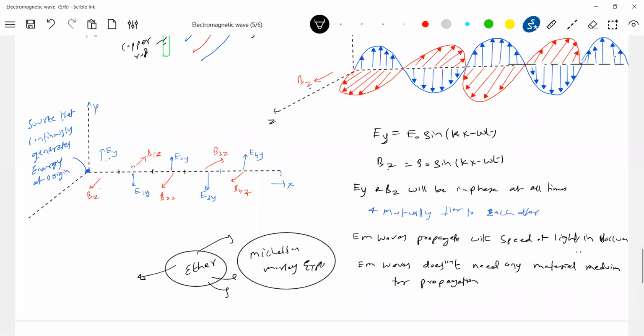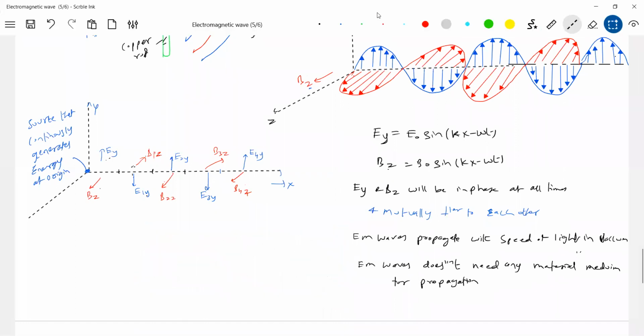Even in space, Maxwell just proposed it, and later they clarified there is nothing like an ether. So EM waves are non-mechanical waves; they do not need any material medium for propagation.